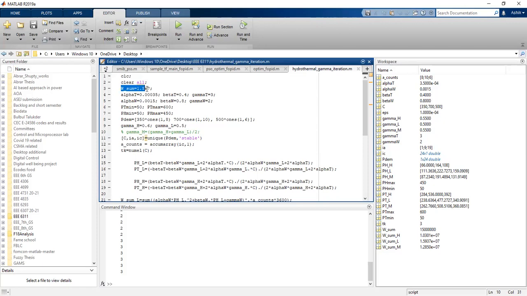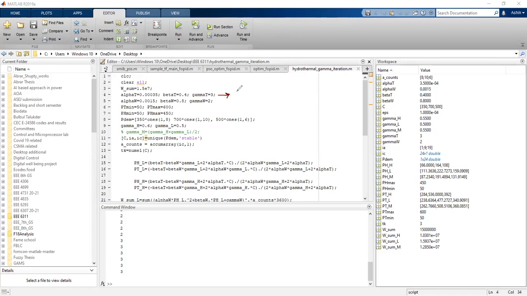So these are the given values. W sum is 1.5 10 to the power 7. These are the alpha, beta, gamma. Remember, this gamma is not the gamma of conversion factor. This alpha, beta, gamma, I have simply given them some constant coefficient names. This is associated with your PT function ft, and this is associated with W. So it is like a quadratic function: alpha pt squared plus beta pt plus gamma.